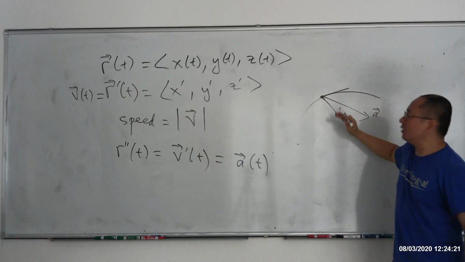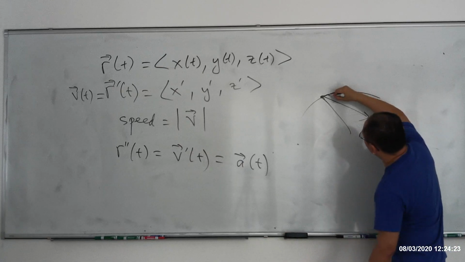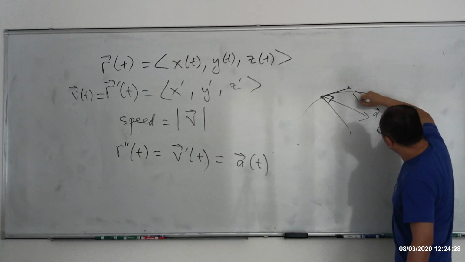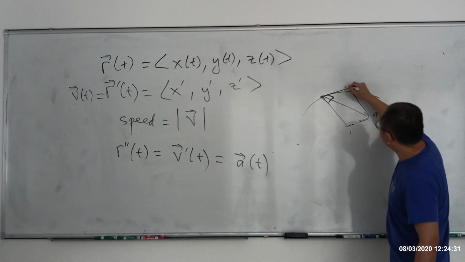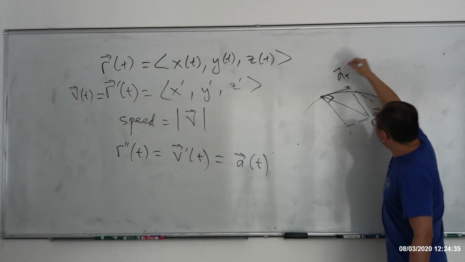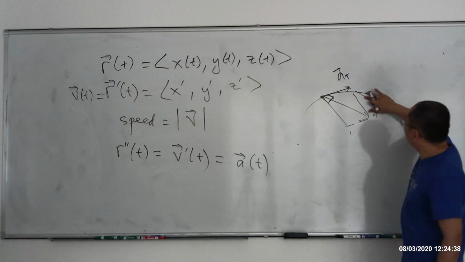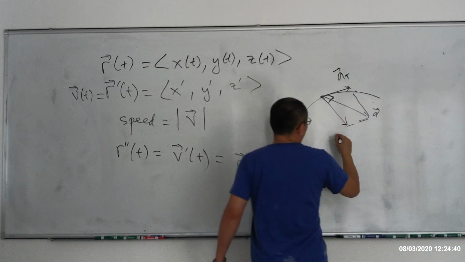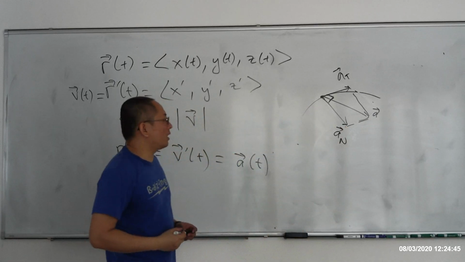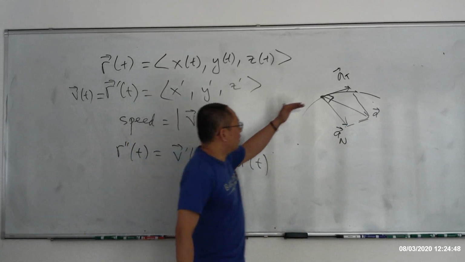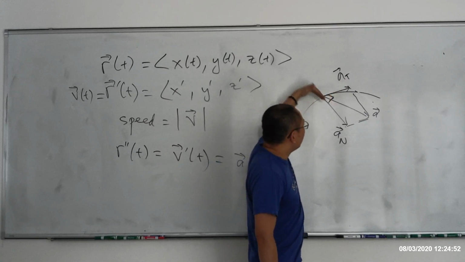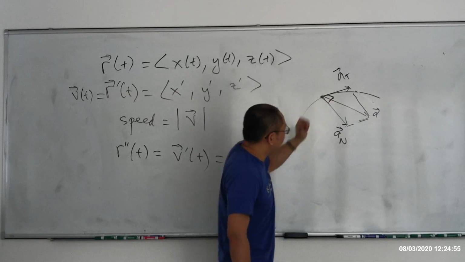This is 3D, so you have to imagine it's perpendicular. This is called the tangent component of the acceleration, and this part right here is called the normal component of the acceleration. So there are two parts of the acceleration vector: the one changing the speed, along the tangent line, and the one changing the curvature.